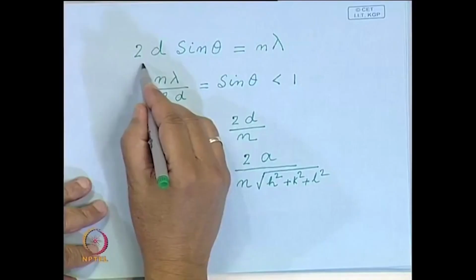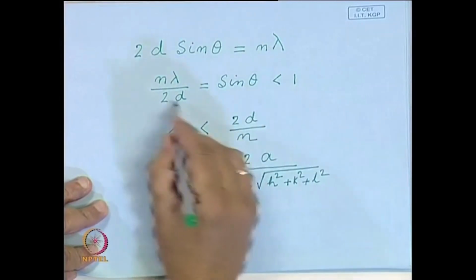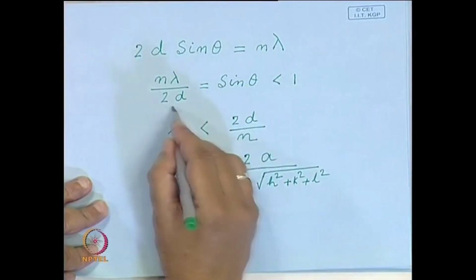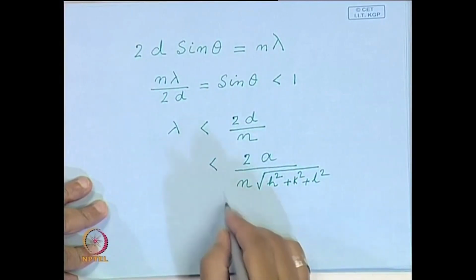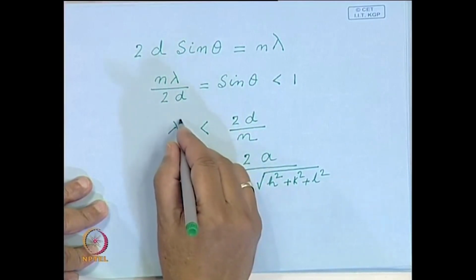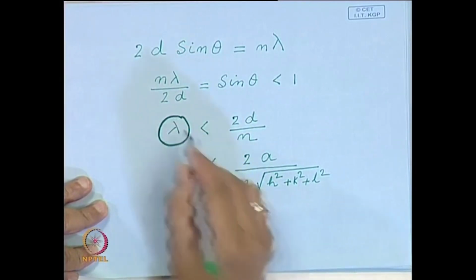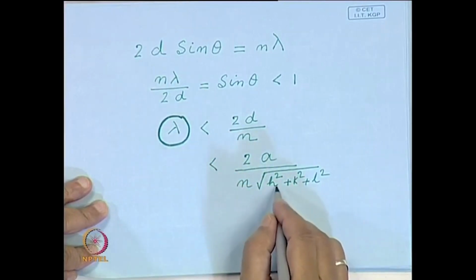What has been mentioned here, that is 2 d sin theta equal to n lambda, can be written like this, and therefore it is possible to find out what the wavelength should be so that you can record a diffraction pattern.